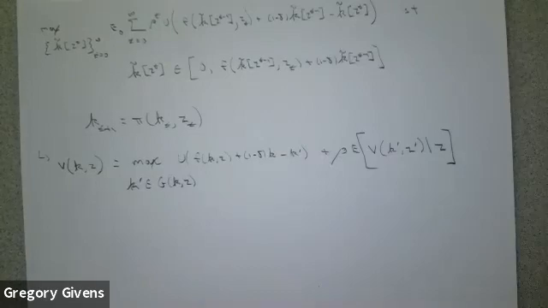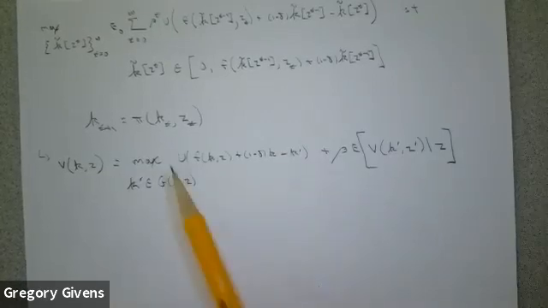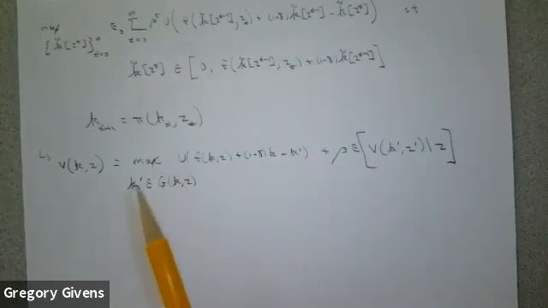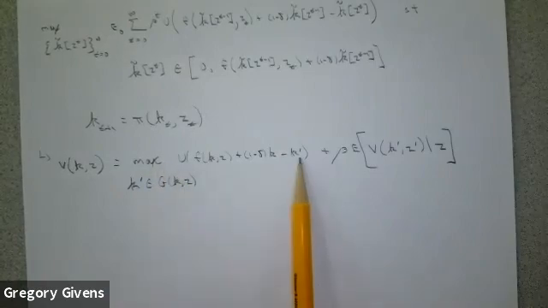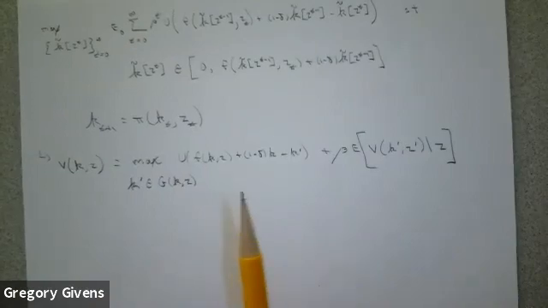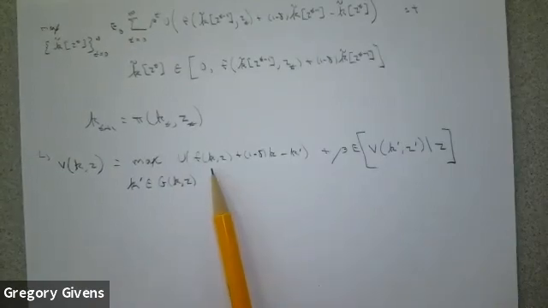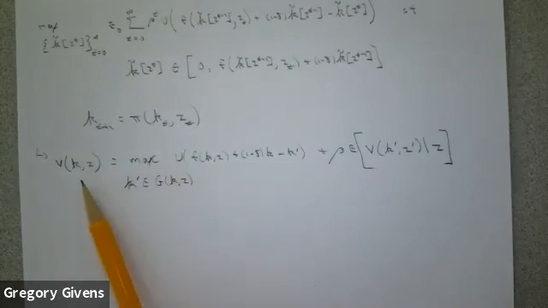Now, again, let's make sure we all understand what we're looking at here. What is the control variable in this recursive problem? It is k prime, that is next period's capital stock. What is the state variable? It's the current capital stock augmented by the current realization of the productivity shock, Z. So really this is kind of an augmented state, k and z.